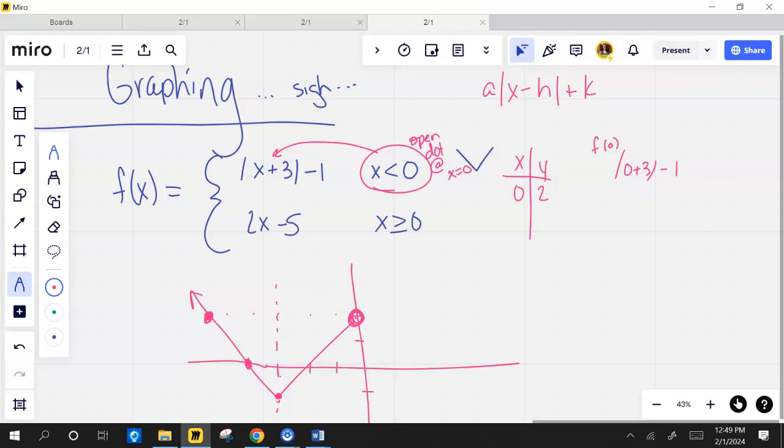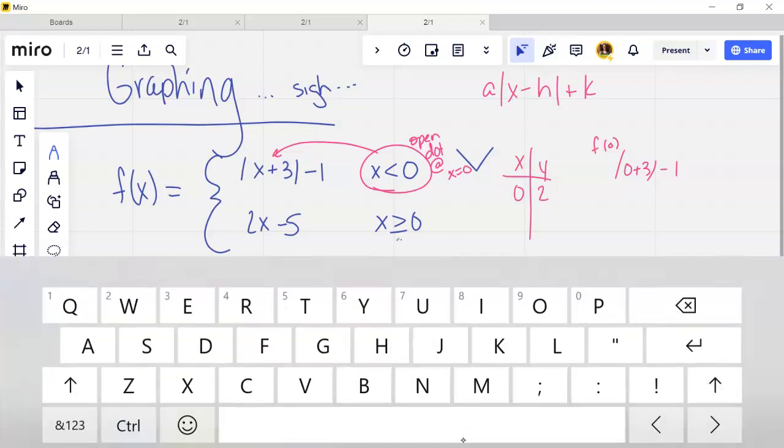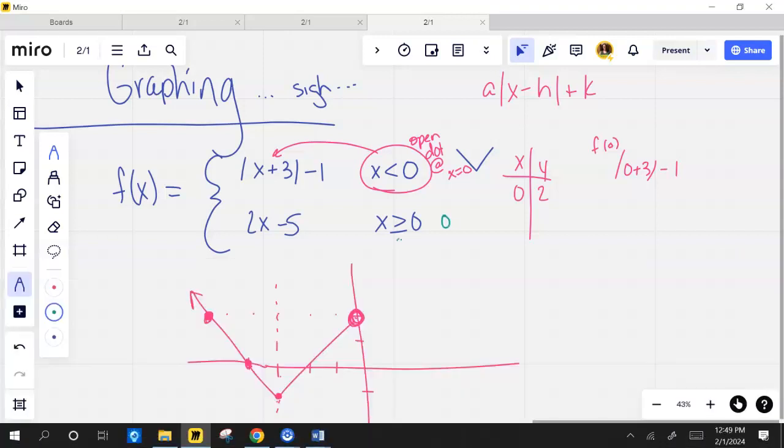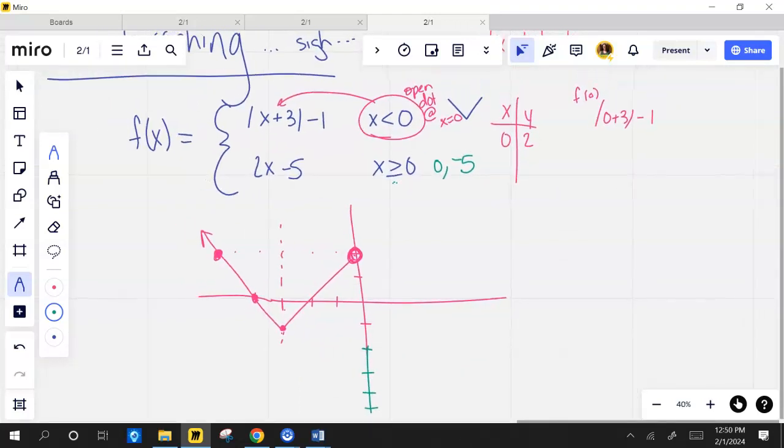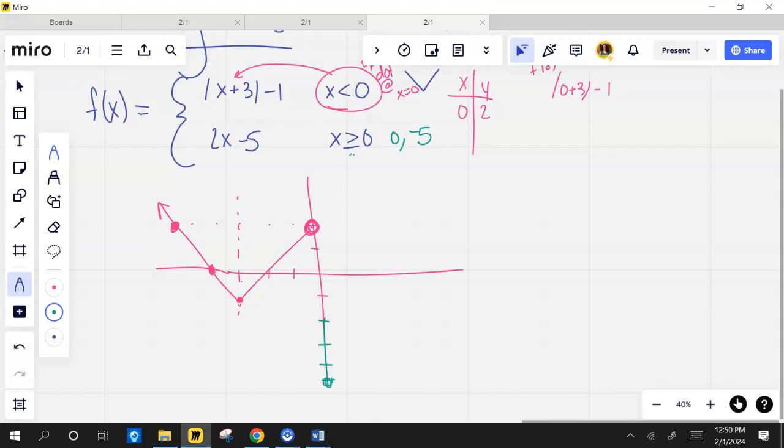I'm still starting at the same x, right? So look at this one. It still says to start at 0. So if I start at 0 here, what's my y point? -5. So 0, 1, 2, 3, 4, 5. Is it open or closed? Closed this time. So here's this one closed.